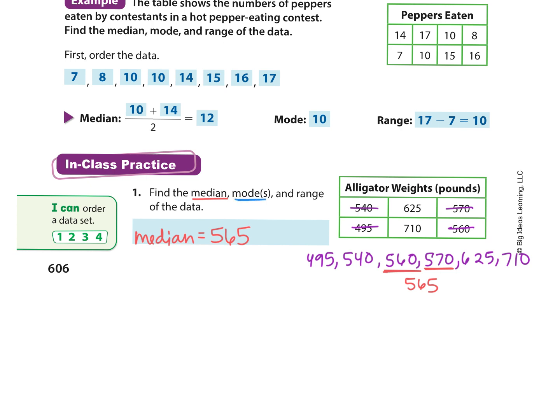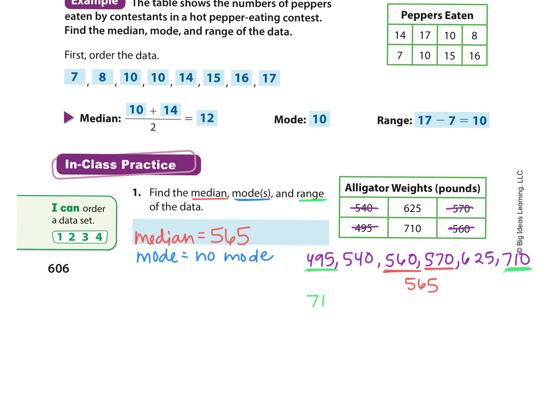Now my mode. I want to look for any numbers that are repeated more than once. Do I have a mode? No, I don't. So remember, I don't put 0. I write the words no mode because there's not a number that repeats. And then last but not least is range, which means I'm going to take my smallest number from my biggest number.